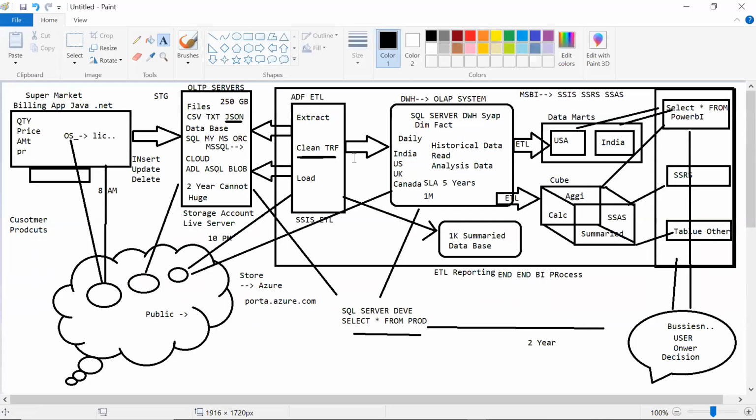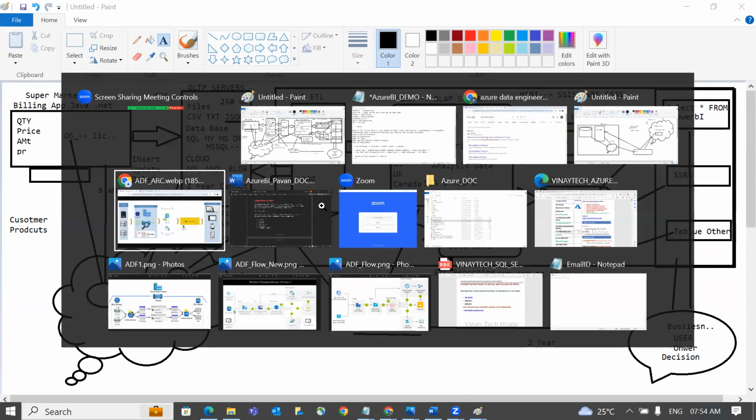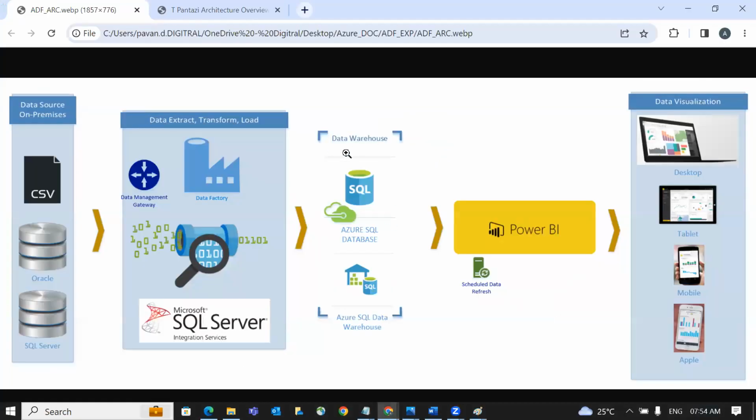Till now, we have discussed only the theoretical part, and we just analyzed what the BI process is. Tomorrow, we'll discuss how we are really going to work practically, how extraction and transformation really work. This architecture we will see as a practical. I have some PPTs and all. Before going to the PPTs, first you need to understand the BI process.